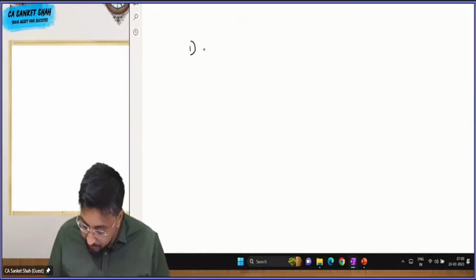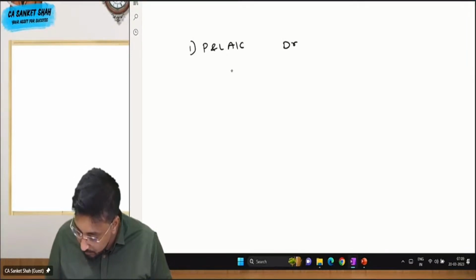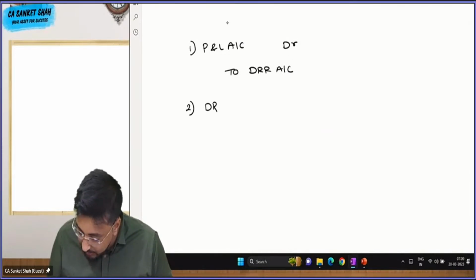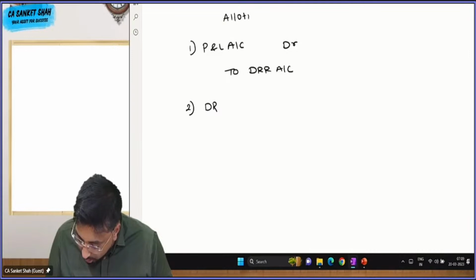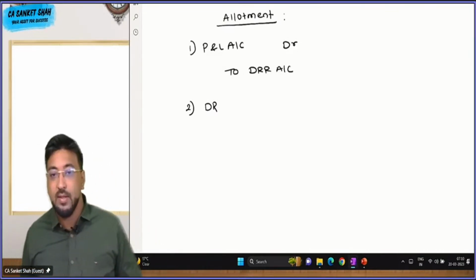First entry, profit and loss account debit to DRR. Then second entry beta, these are at the time of allotment. Allotment के टाइम पे एंट्रीज है.